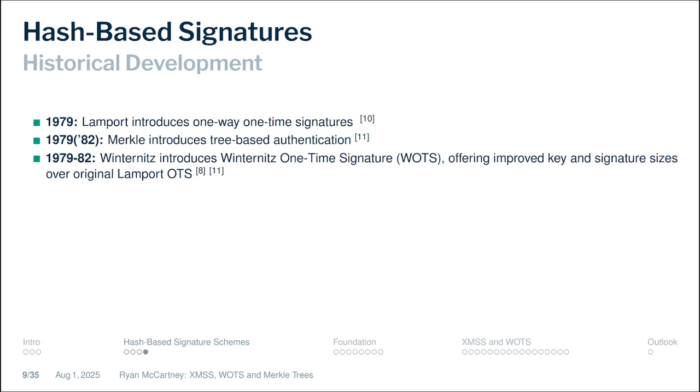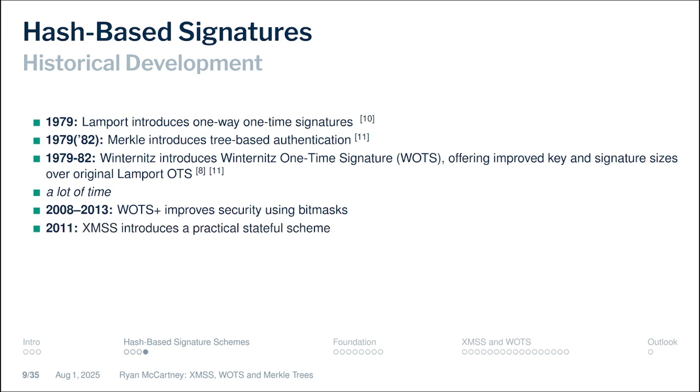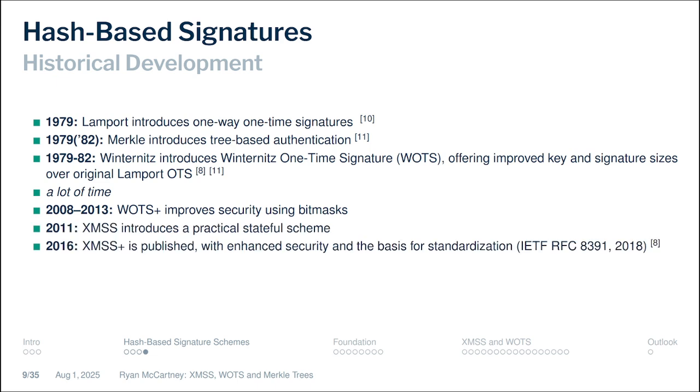And then Winternitz also improved on the Lamport one-time signature scheme in 1979. Then a lot of time passed until any meaningful improvements were made. The Winternitz one-time signature plus uses bitmasks and improves the security a little bit. And then XMSS is also published.